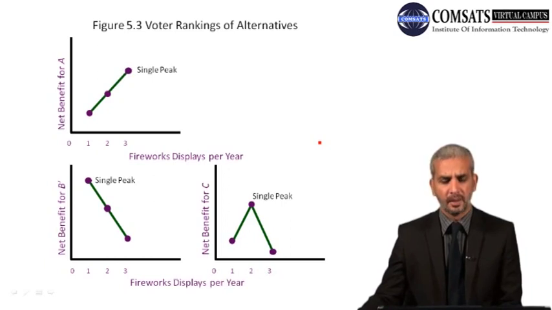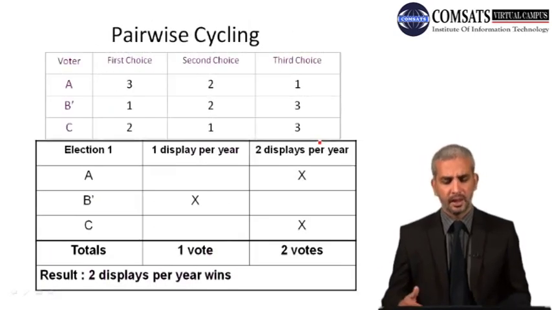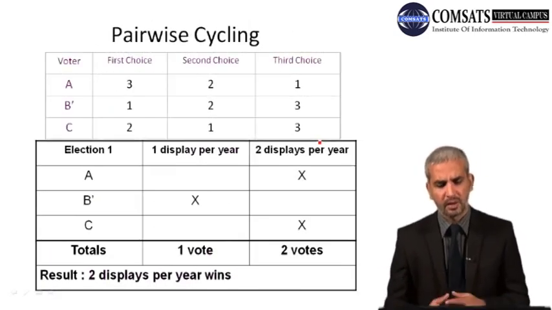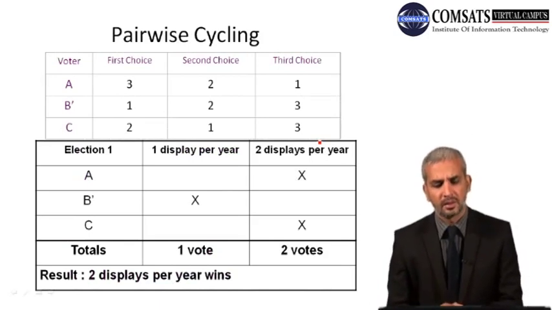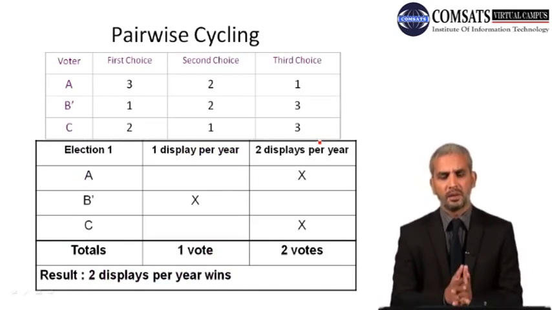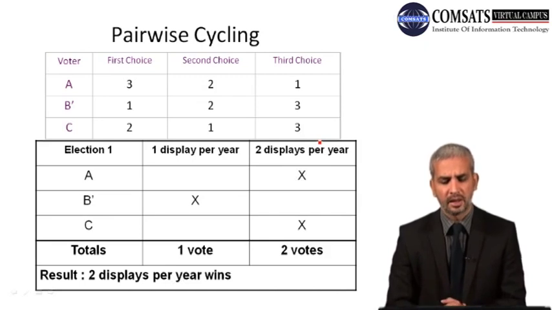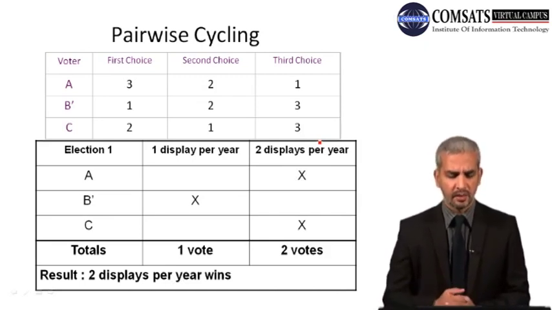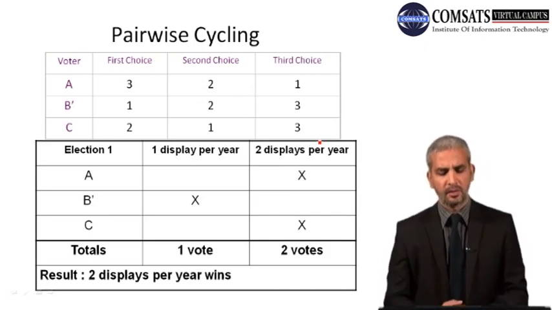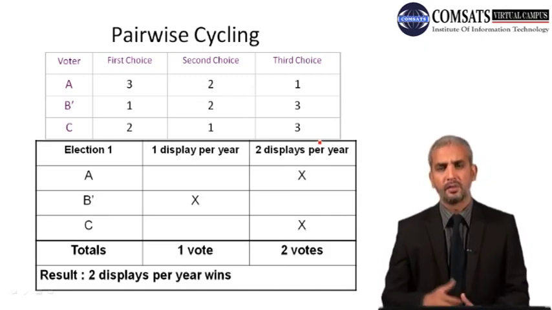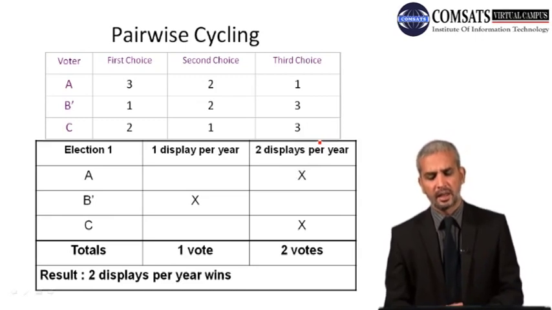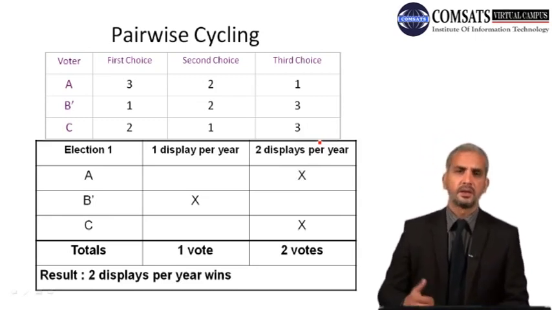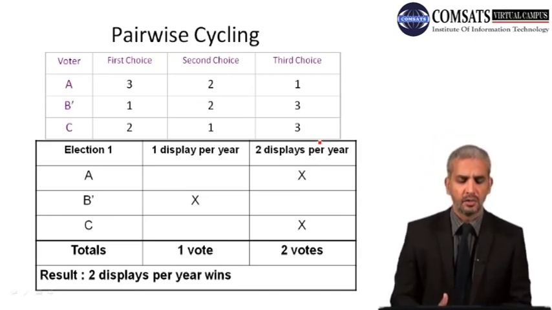1 single peak. Now if we take them in terms of pairwise voting, and we see whether the cycling phenomenon still exists, in the first election we put up, for example, 1 firework display per year and 2 firework displays per year, and ask the 3 individuals to vote for them.